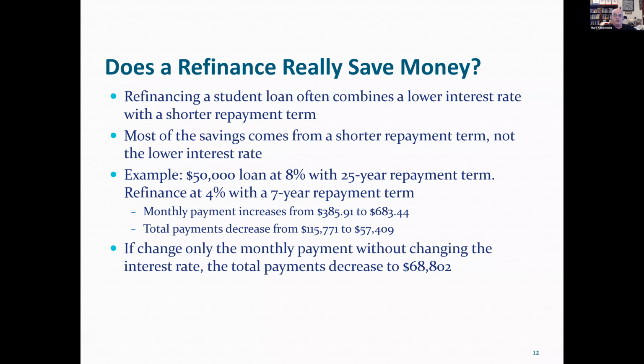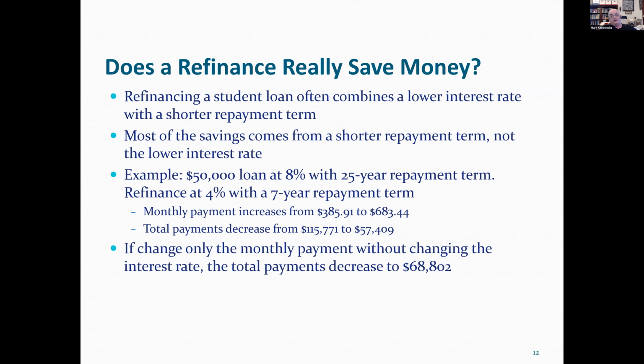So if we look at an example, if you have $50,000 in debt at 8% with a 25-year repayment term, and you refinance it at 4% with a 7-year repayment term, you're cutting the interest rate in half. Now, cutting the interest rate in half doesn't cut your loan payment in half.